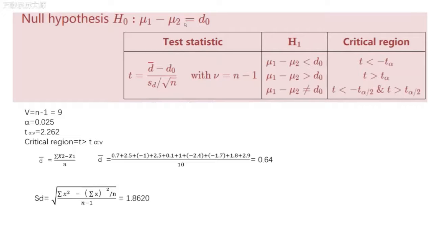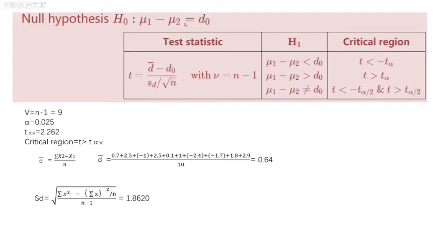And we know v equals n minus 1, which equals 9. And we already know that alpha equals 0.025. So the t value at alpha and v is equal to 2.262. The critical region will be t when t is greater than t at alpha and v.